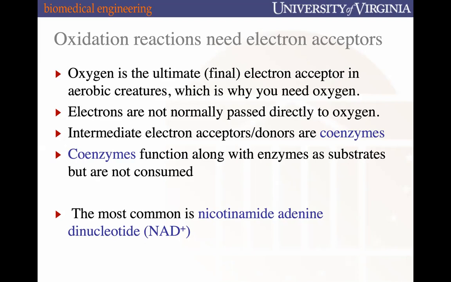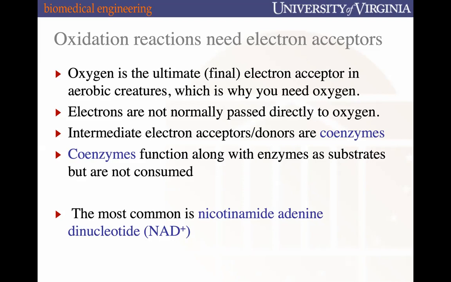So we're going to have electron acceptors that help carry the energy associated with these electrons downstream. Their eventual destination is going to be oxygen, but again, we have these carriers that help carry them to that destination at the end. These intermediate electron acceptors, which then eventually donate to oxygen, we call coenzymes.